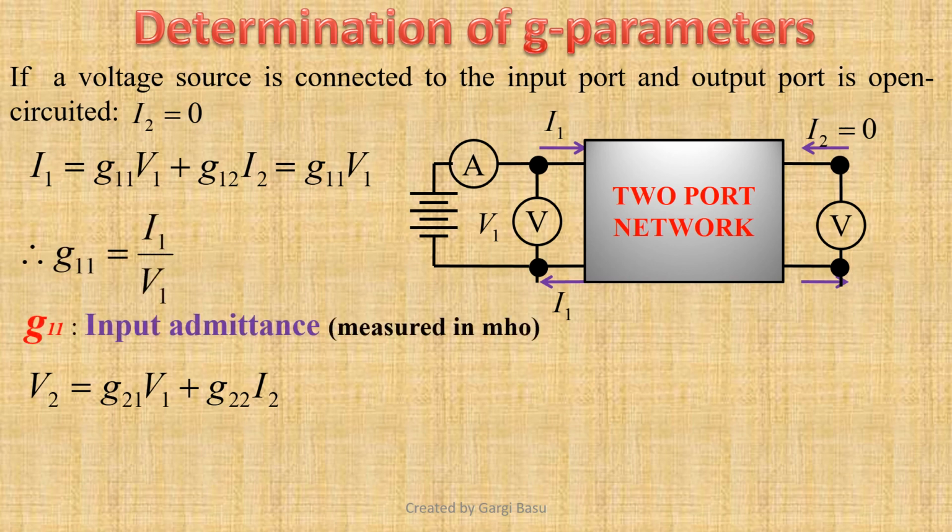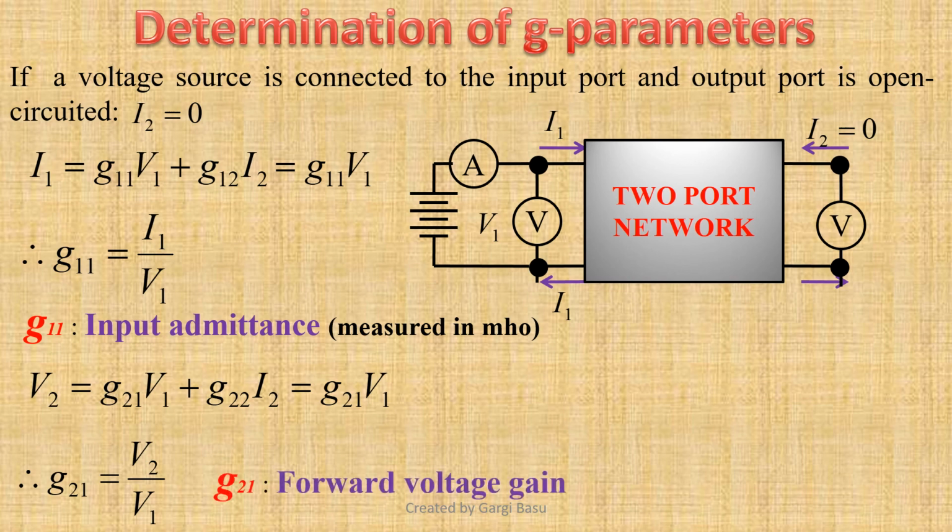G11 is termed as input admittance when output port is open circuited. This is measured in mho. When I2 equals 0, the second equation reduces to V2 equals G21 V1. Therefore, G21 equals V2 by V1. G21 is known as forward voltage gain when output port is open circuited.